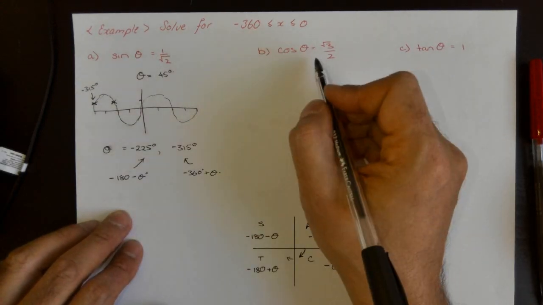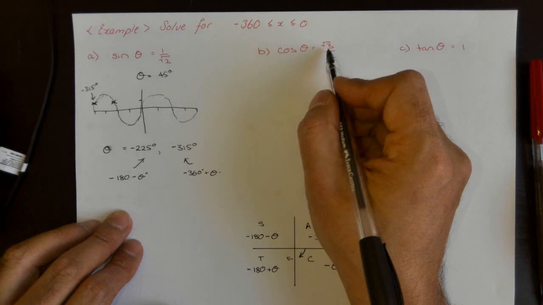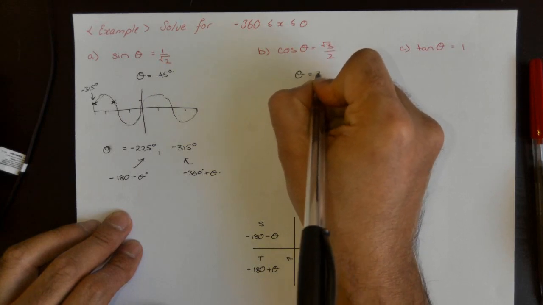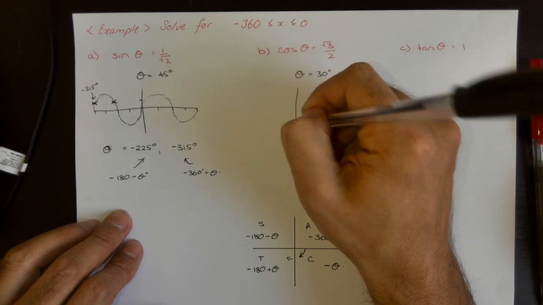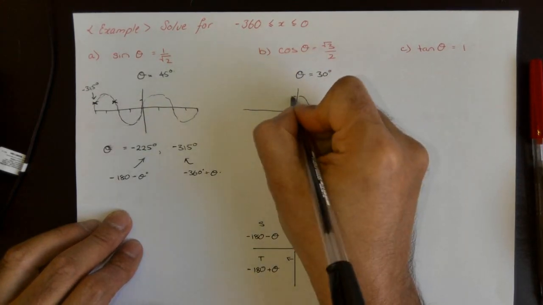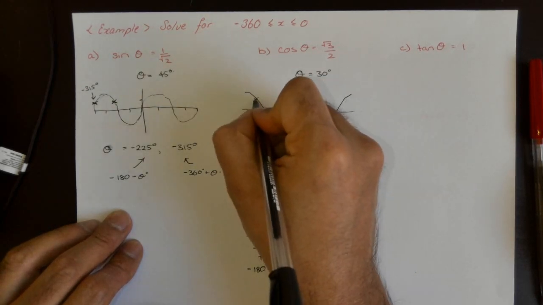Now let's do the next one. We've got cos of theta equals root 3 on 2. So when the adjacent is root 3 and the hypotenuse is 2, this is 30 degrees. Okay. So drawing a real quick sketch, we're going to have another two points.